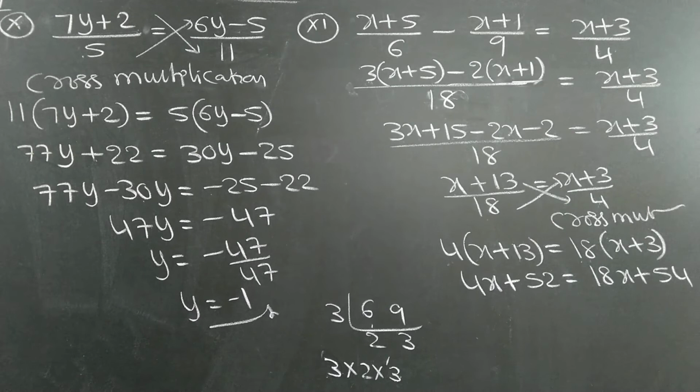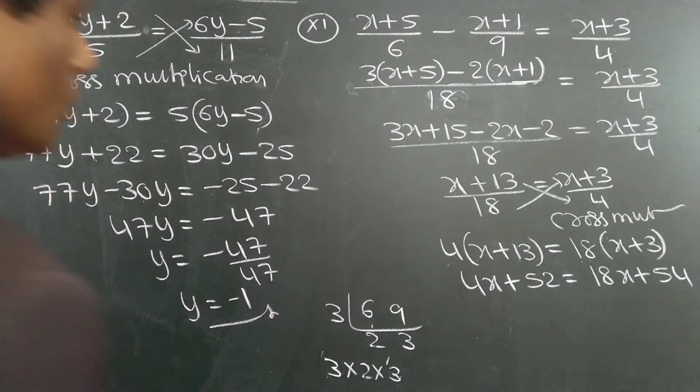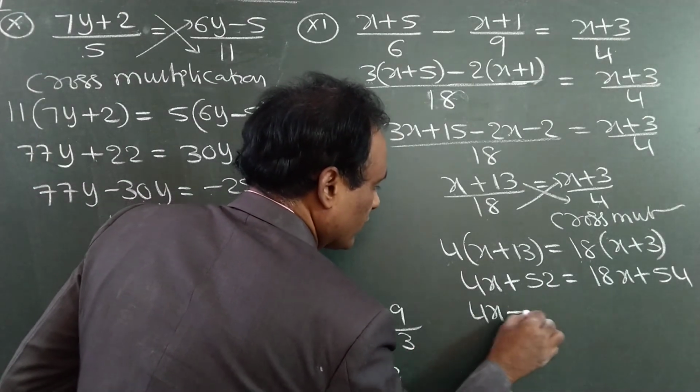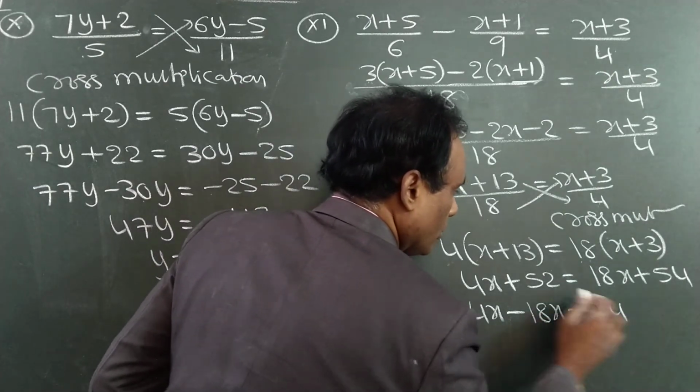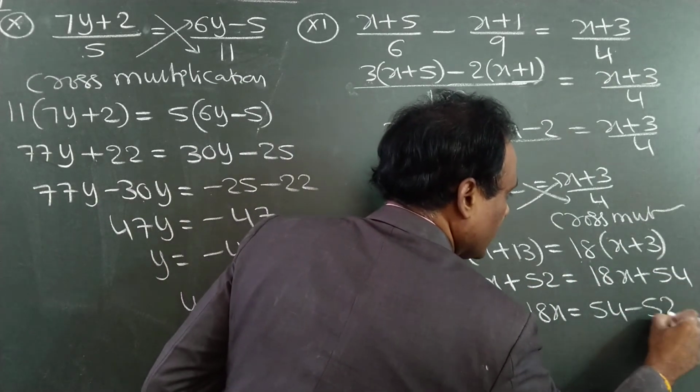Bring the x terms to the left side and the remaining constants to the right side. 4x minus 18x, and 54 minus 52.